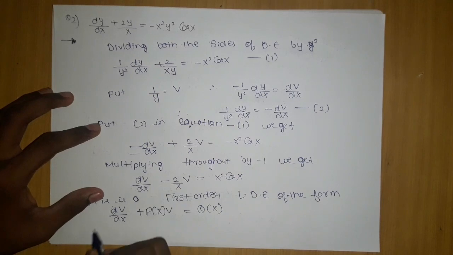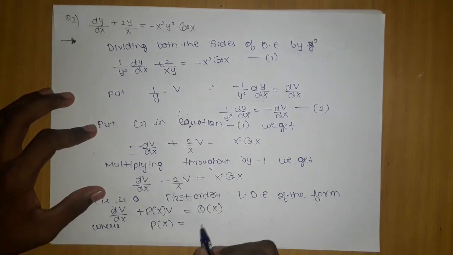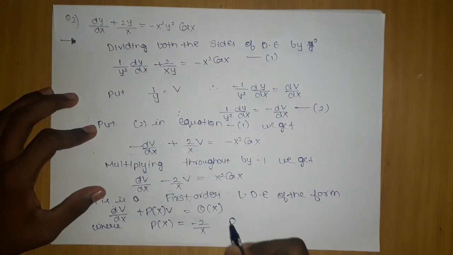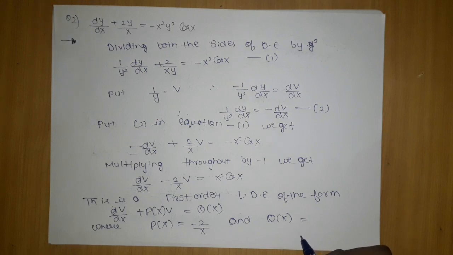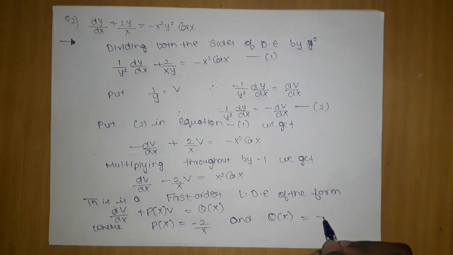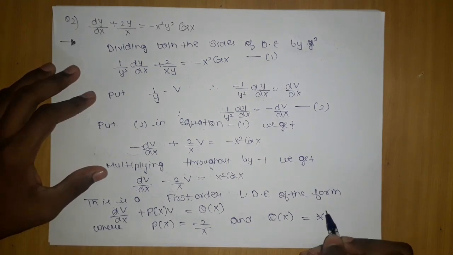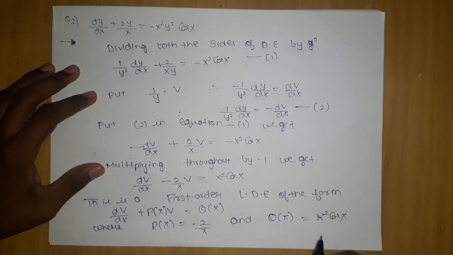Where p of x, can you tell me what is the p of x? It is nothing but minus 2 by x, and q of x is minus x square, which has become plus x square cos x. So you are getting this.